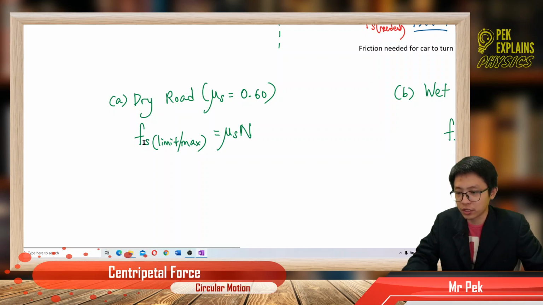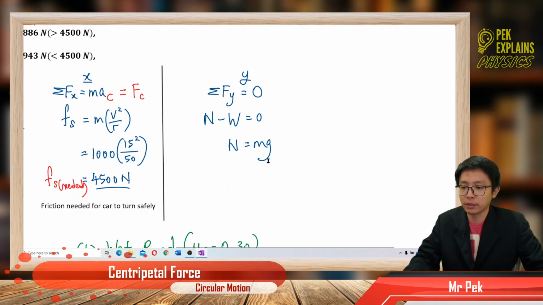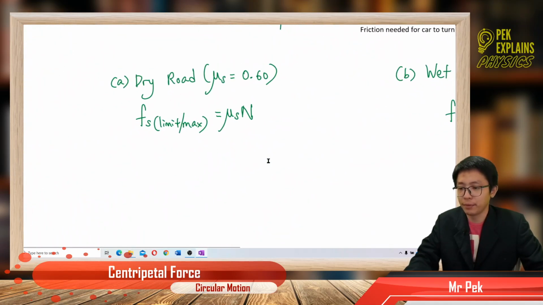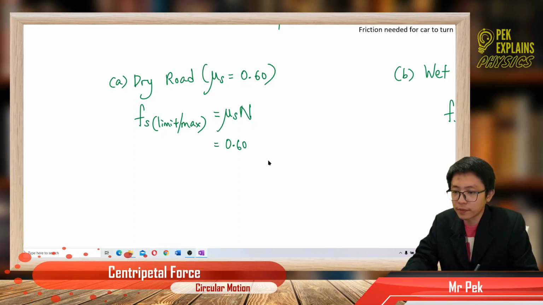The limiting static friction formula is mu s N. So we have mu s 0.6, and the normal force we calculated just now from the Y component, N equals mg. Let's put it inside. So mu s is 0.6, and this is mg. What is the mass?